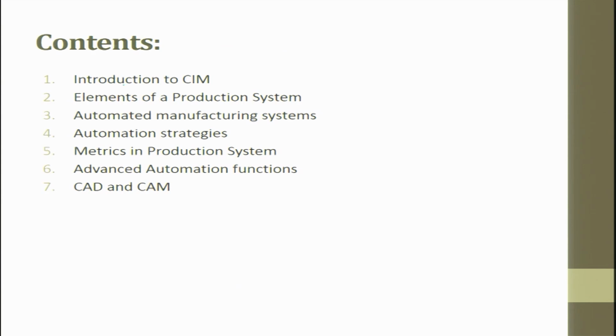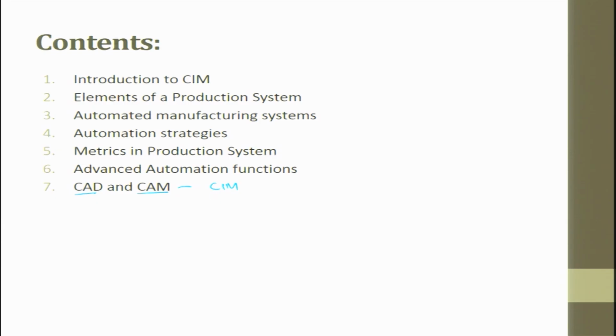The content: we will see introduction to CIM, elements of a production system, automated manufacturing system, automation strategies, metrics in production system, advanced automation functions, and finally the integration of CAD and CAM together, which leads to CIM. So, we will see all these topics.